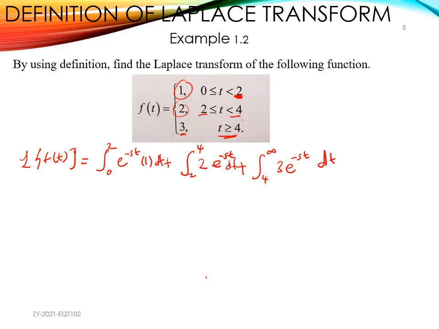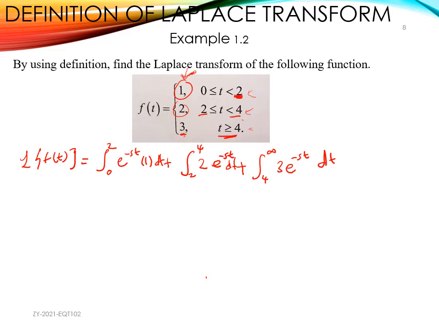So you need to get this integral correctly. This determines the ft, 1, 2, 3, and this determines the limit of the integration. So it must be up to infinity.